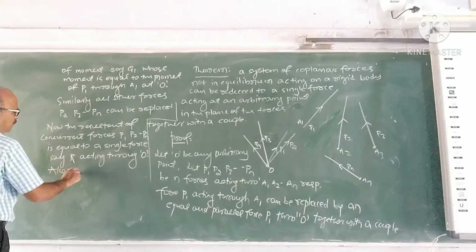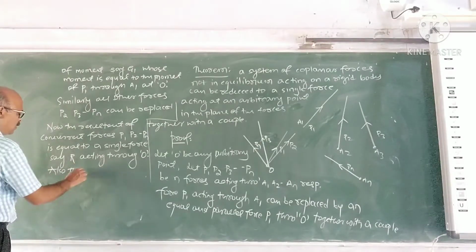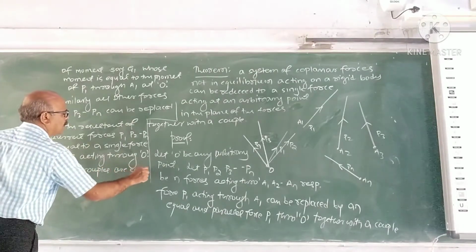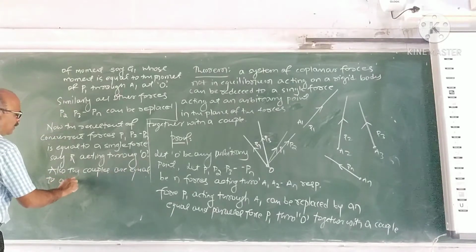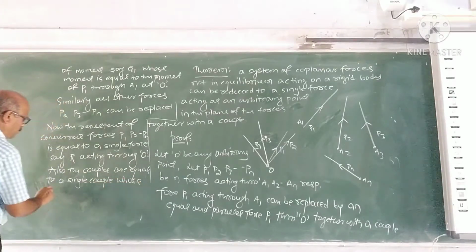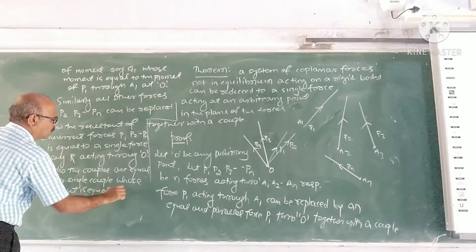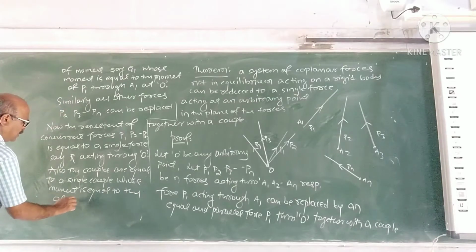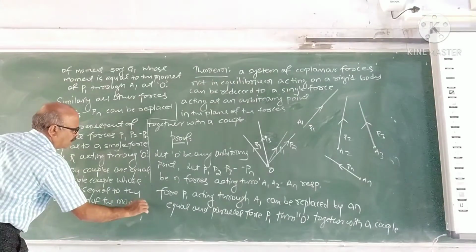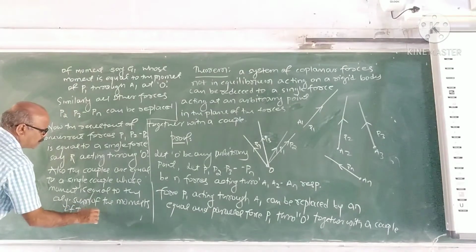Also, the couples are equal to a single couple whose moment is equal to the algebraic sum of moments of the couples.